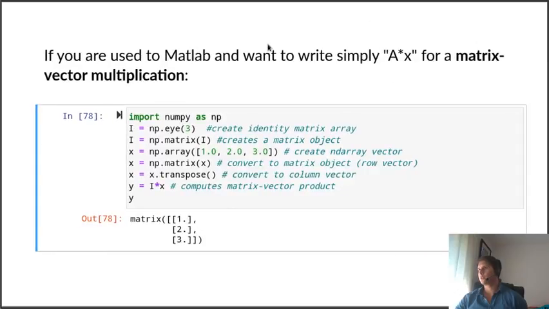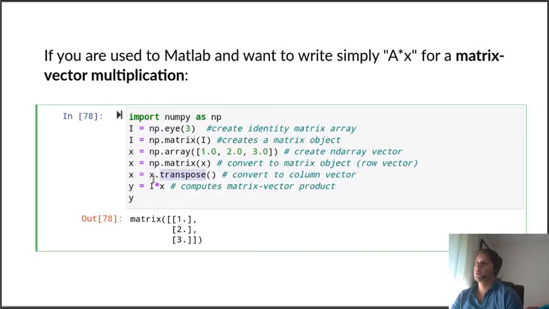If you are more used to the MATLAB way, you can define the times operation as the matrix-vector product by defining matrices. The only thing that this means is that when you create the matrix, you change the type of object I to a matrix, and as well the vectors are also matrices.